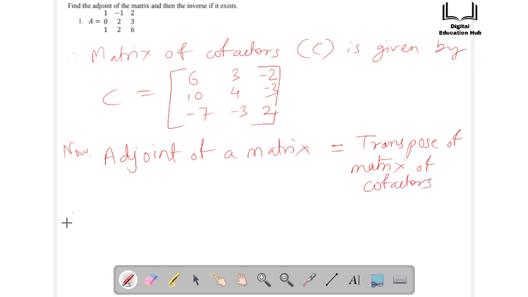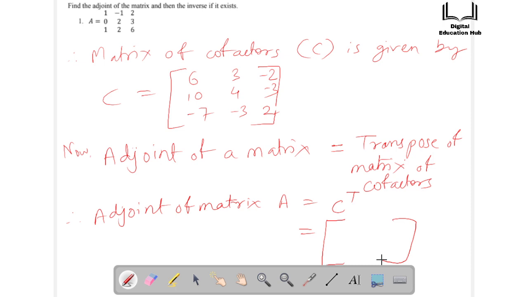So the adjoint of matrix A is the transpose of this C. You can directly take the transpose of this matrix, and that comes to 6, 10 and minus 7.